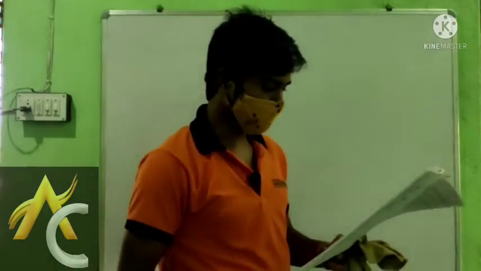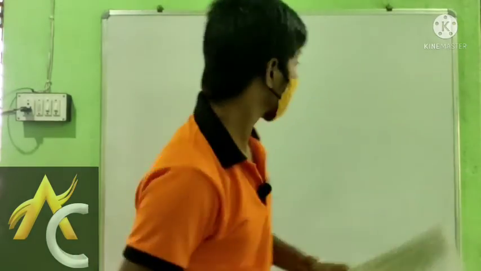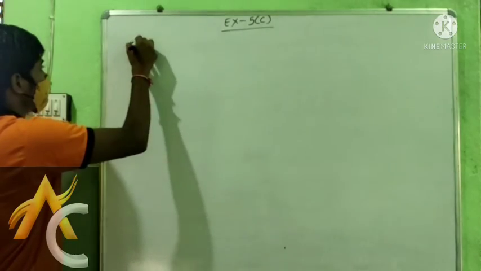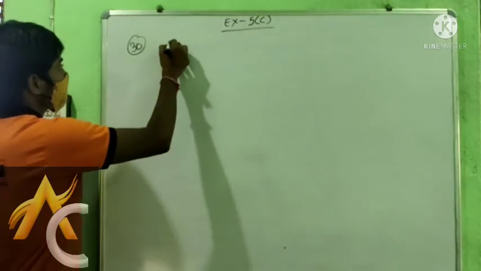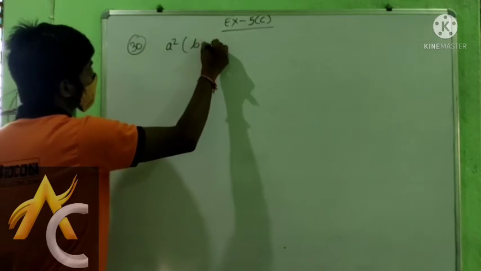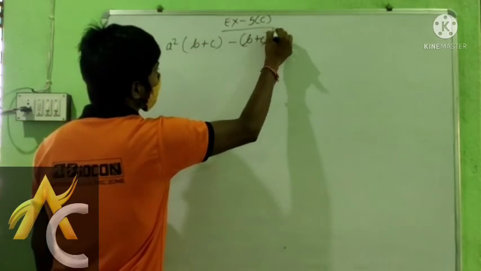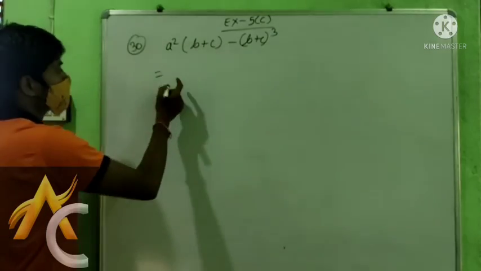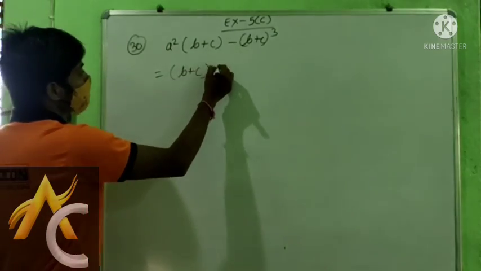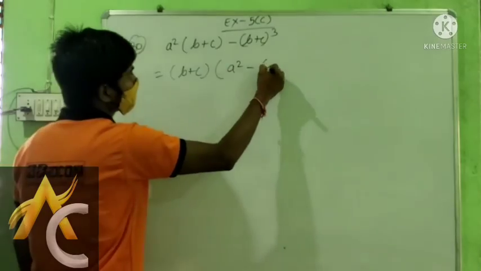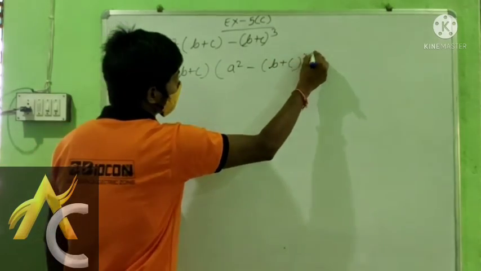Our last question is question number 30. Question number 30 is a square (b plus c) minus (b plus c) whole cube. Now take b plus c common from here, then it will be a square minus (b plus c) whole square.